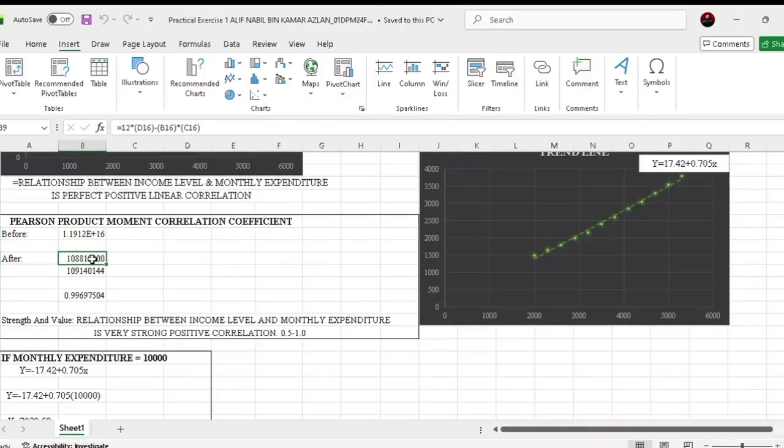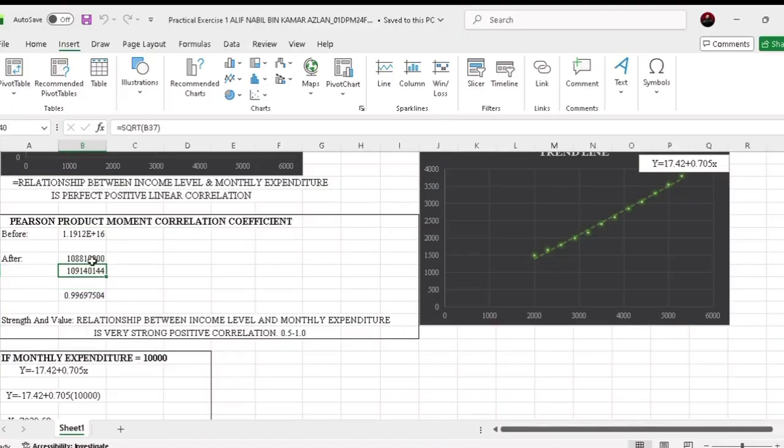Next, we need to find the after value. This formula is equal to 12 times D16 minus B16 times C16, and we get this value. Now, to find this particular value, we need to square this value, and we will get this value.